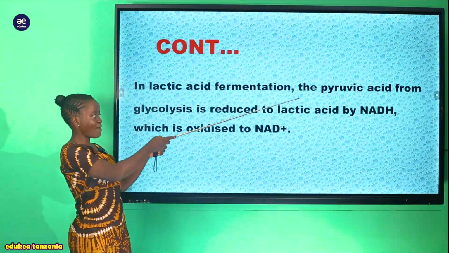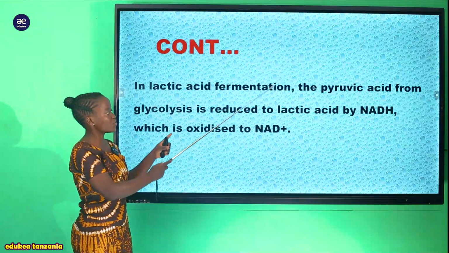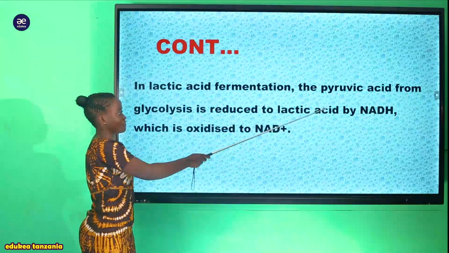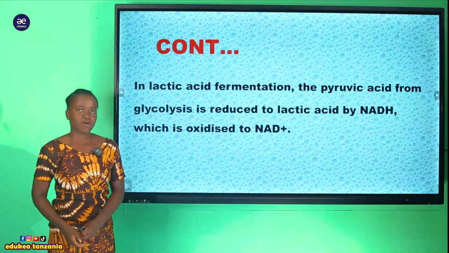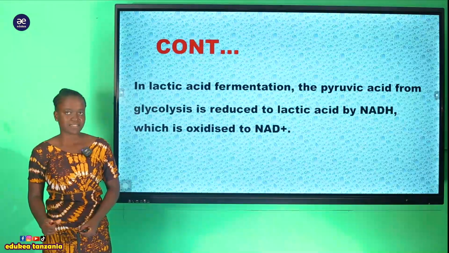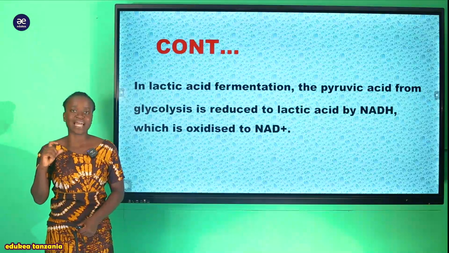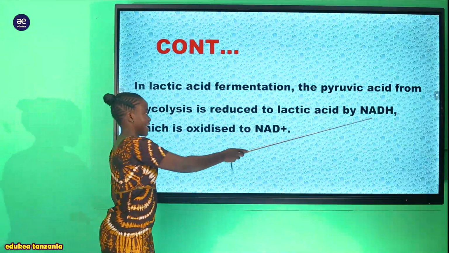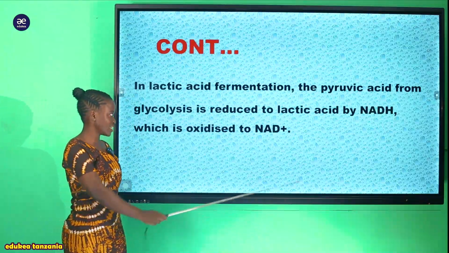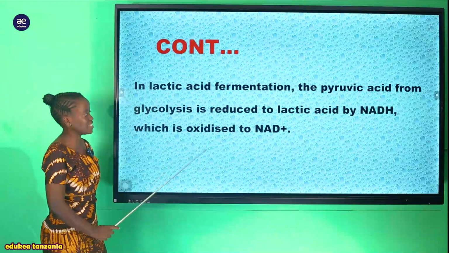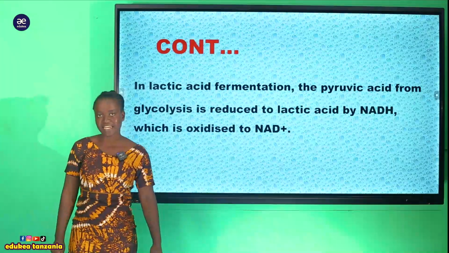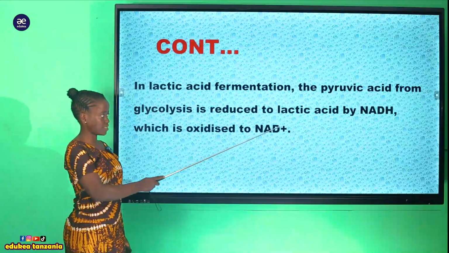So we are using our pyruvic acid, we tend to reduce it so that we can form the lactic acid. So while we are forming the lactic acid, we are using the NADH, this one, NADH. So we are using the NADH to oxidize it to form the NAD positive, that is, it has a proton here.